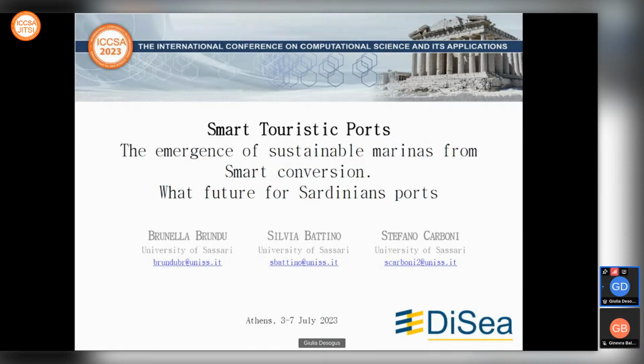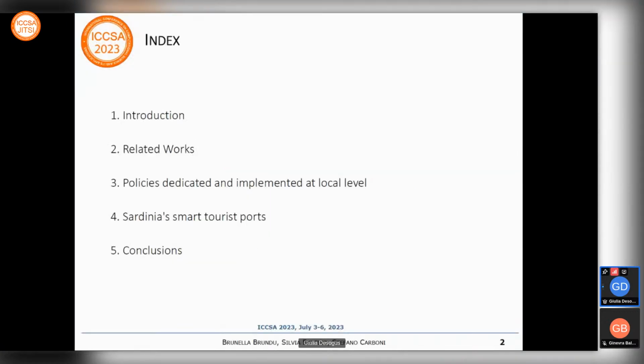Today I will present a work that I carried out together with Professor Brundu and Professor Battino, which is about smart touristic ports. I will first introduce the related works, then I will speak about the policies implemented at the local level, and then I will focus on Sardinia smart touristic ports.